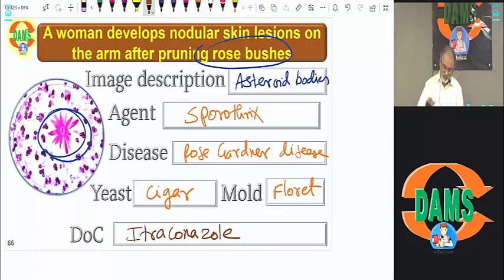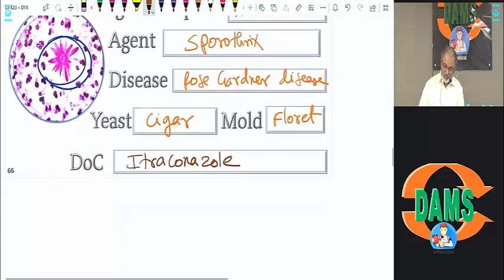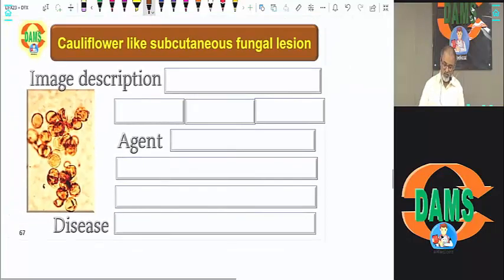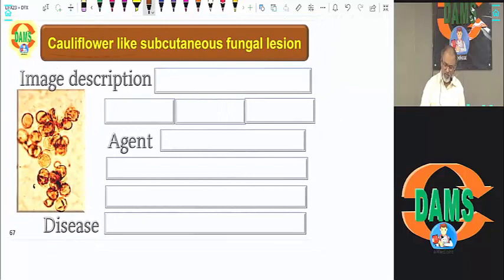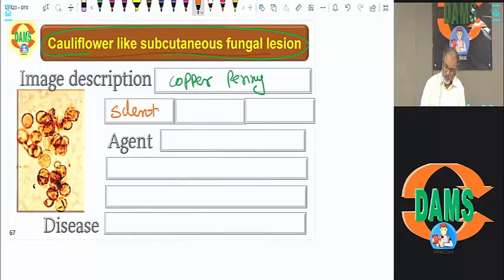Next is a cauliflower-like subcutaneous fungal infection. Image description: copper penny bodies. Other names: sclerotic bodies, medlar bodies, muriform bodies.